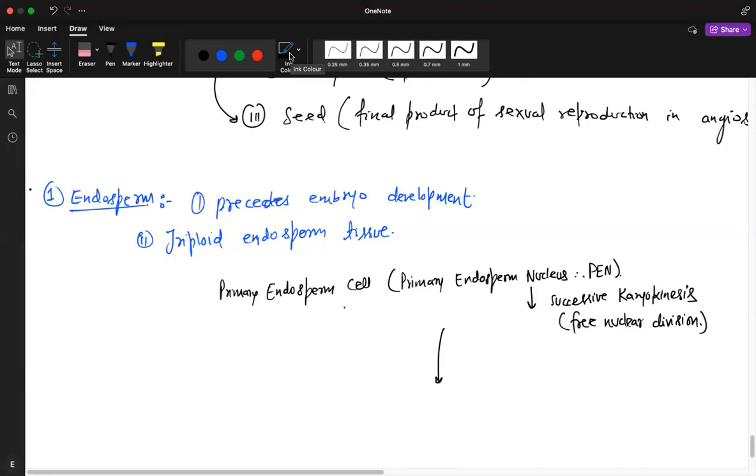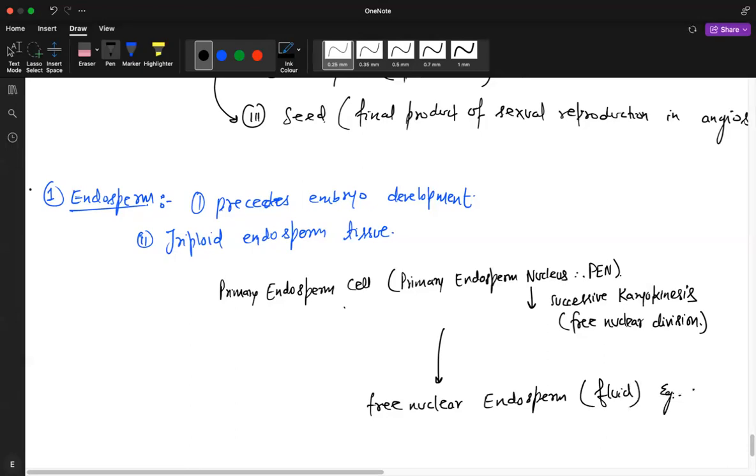the white part is called kernel. So the white part or kernel is the cellular endosperm. The fluid part is the free nuclear endosperm, and the white part is the cellular endosperm. So it's successive karyokinesis, free nuclear division to form free nuclear endosperm, and it is in fluid form.